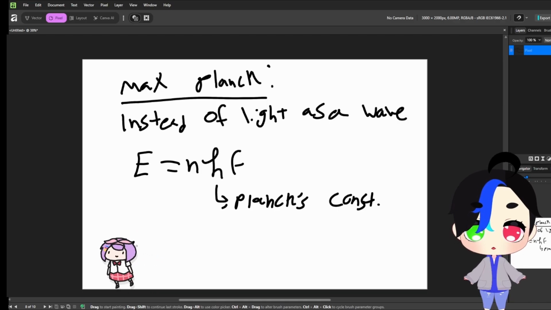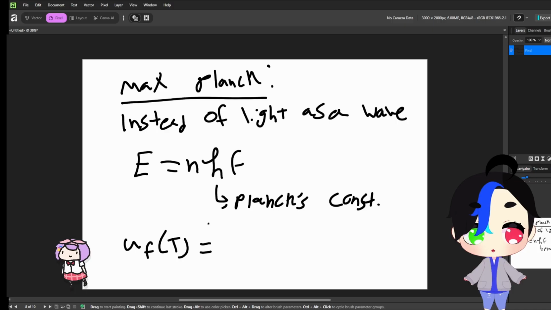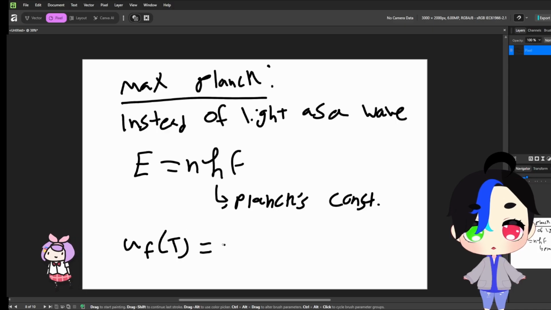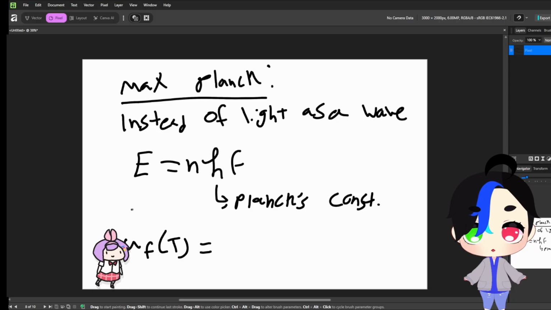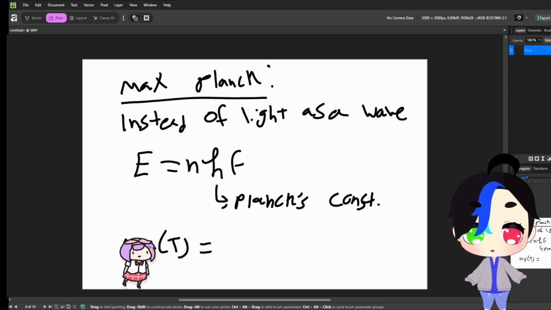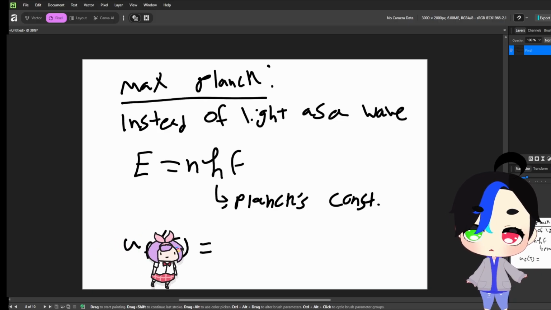You get U of f as a function of temperature and frequency equals, hang on, the equation I have is in terms of wavelength, not frequency. I'm trying to convert it.